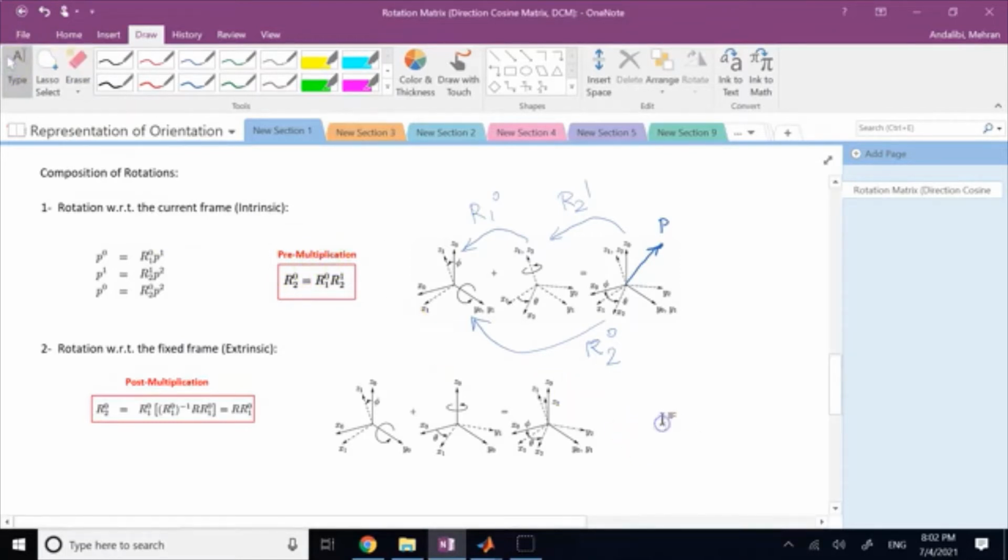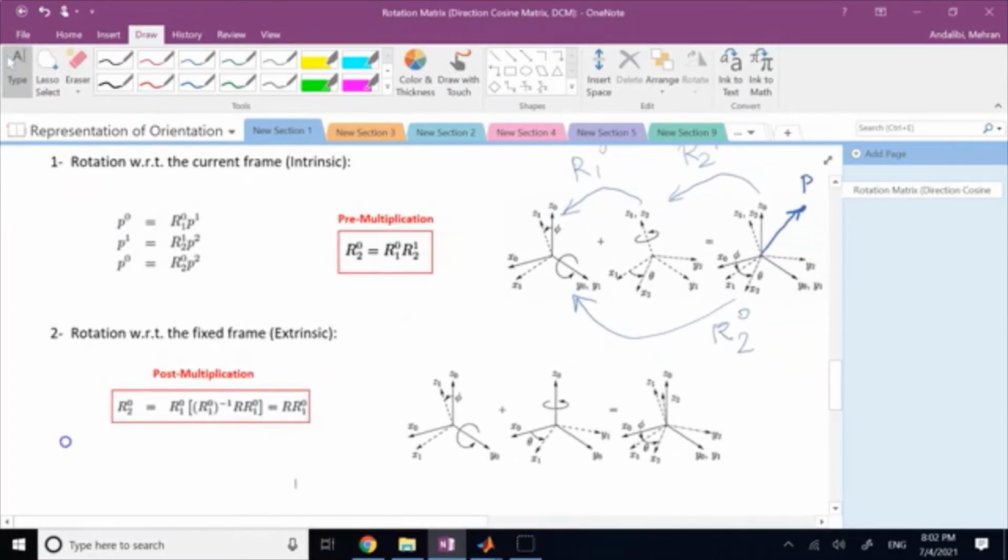The other way, as I said, to combine is to rotate in each step with respect to the initial frames, with respect to the fixed frame. We call it extrinsic rotation. Now, in this case, if I can go back from frame 1 to frame 0 by R10, and then I can go back from frame 2 to 1 by a rotation matrix called R. Now you might say, why didn't you call it R21?